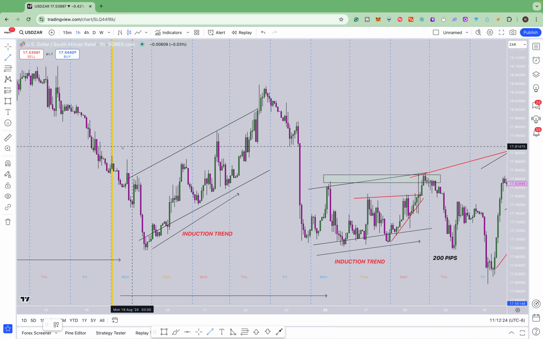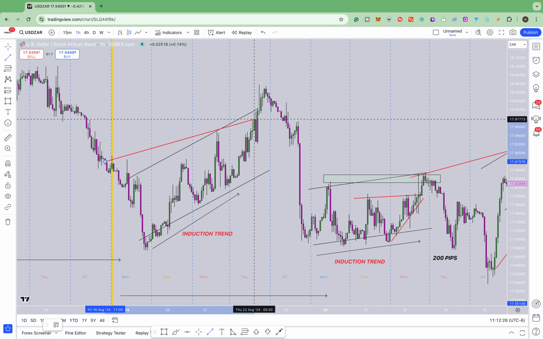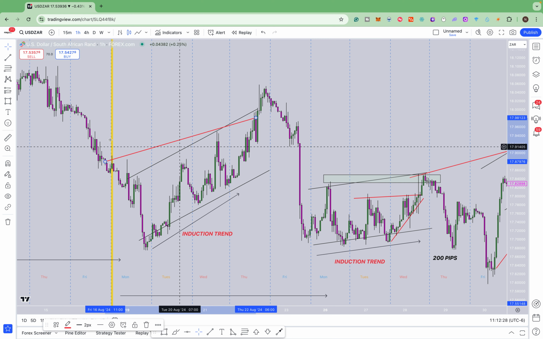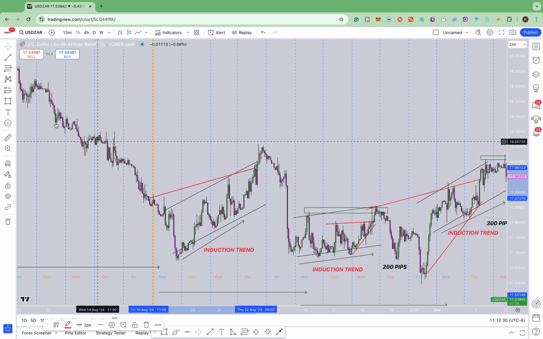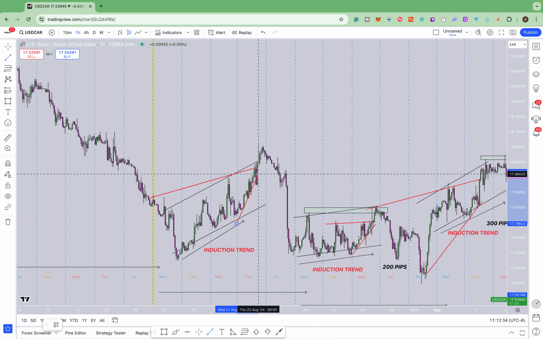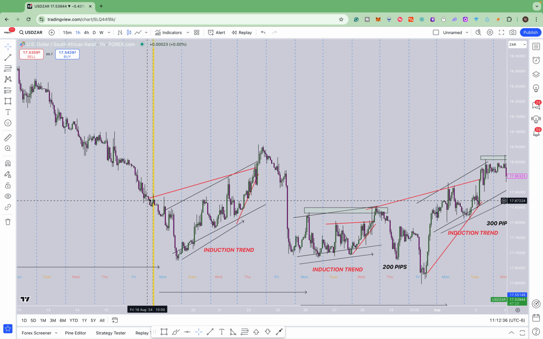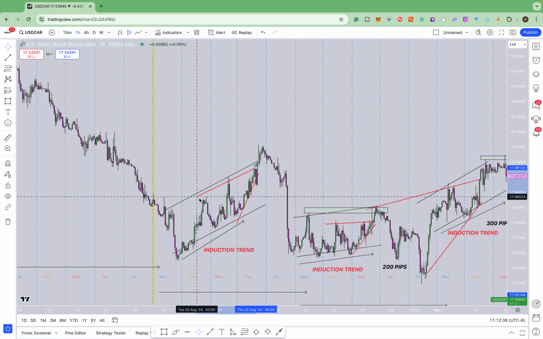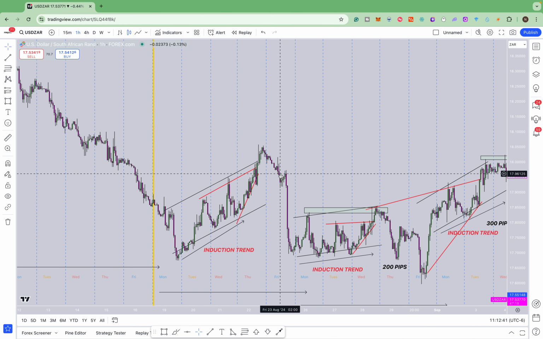Then we can see the wedge pattern right around here. That's not the most perfect wedge there. It maybe looks a little bit better.